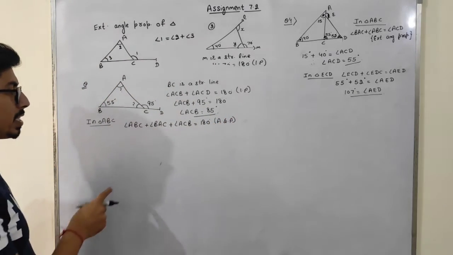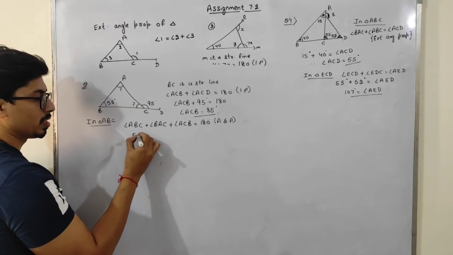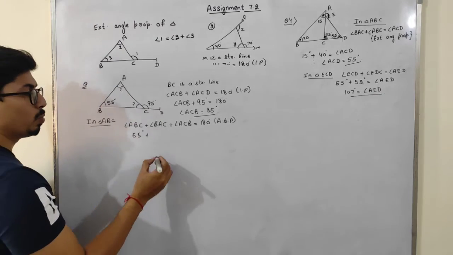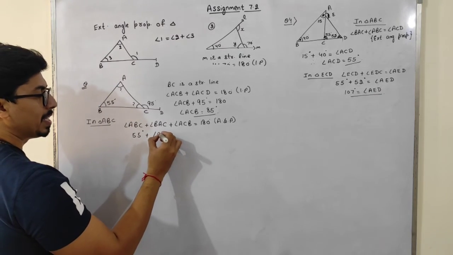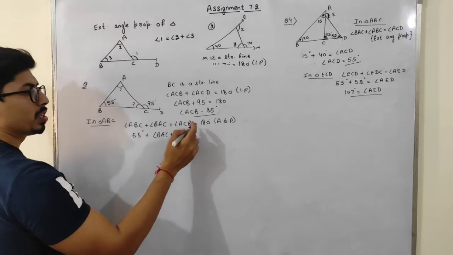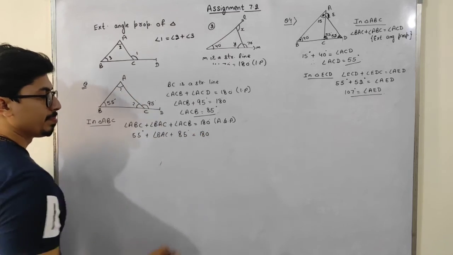Now students, angle ABC is 55 degree. We know this. BAC we don't know because we have to find it out. So angle BAC as it is. Angle ACB we have already found out. This is 85 degree, is equal to 180.